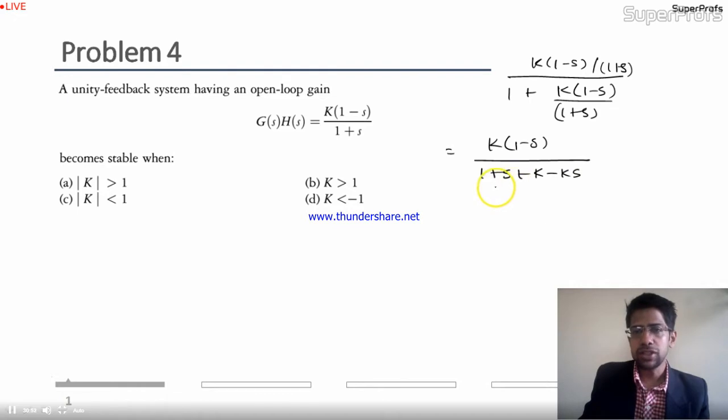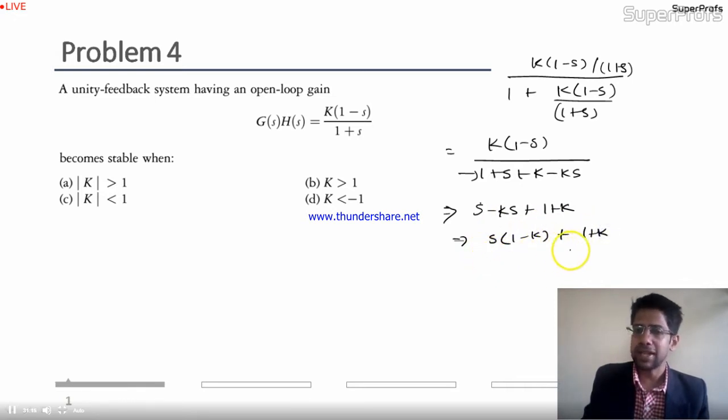So now this is the characteristic equation. And if you just write it in orderly fashion, the characteristic equation of this system is s minus Ks plus 1 plus K, which is nothing but s into (1 minus K) plus (1 plus K). So the coefficient of s is 1 minus K and the constant term is 1 plus K.